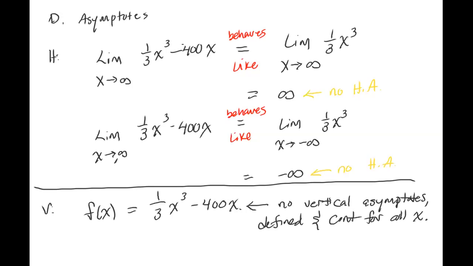Something that we could say in general here is, again, f is a polynomial. Polynomials never have horizontal or vertical asymptotes. Note that polynomials never display asymptotes of any type.